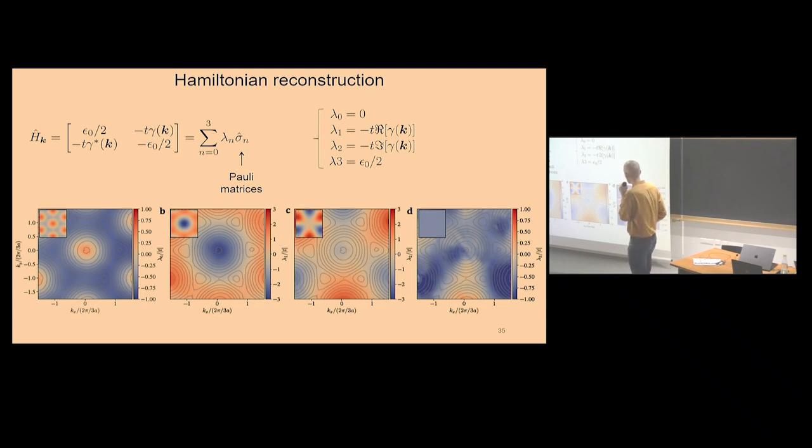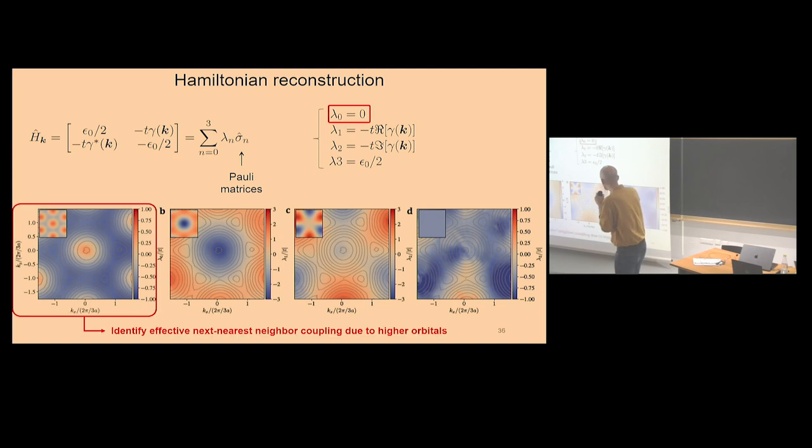One interesting thing to discuss, for instance, is this component, lambda 0 here. In principle, you expect it to be completely 0, since I wrote the Hamiltonian like this. Okay, there is no component with respect to the identity. This is just a component with respect to sigma 3.